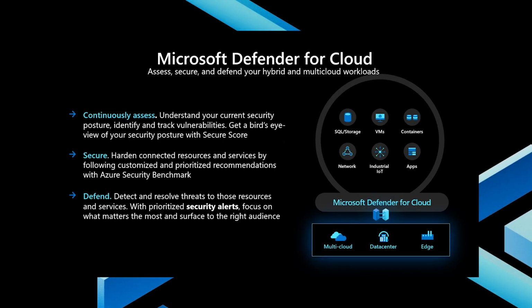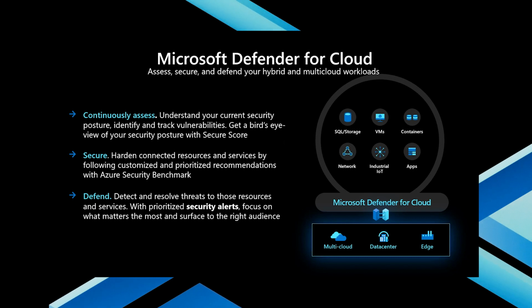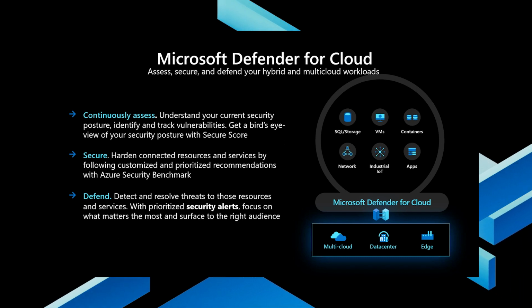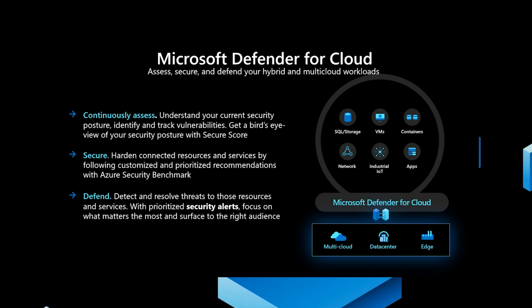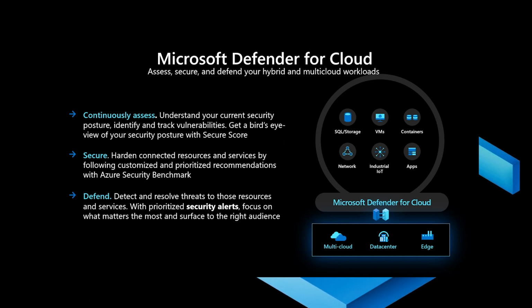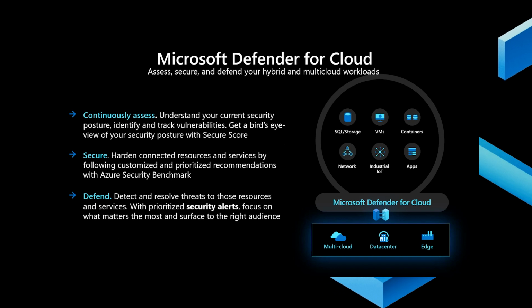Finally, there's the Defend value prop, with Defender for Cloud allowing you to detect and resolve threats to those resources and services with prioritized security alerts that focus on what matters and surfacing that to the right audience. Through Azure Arc, this extends to your non-Azure resources, where you get the same level of comprehensive alerting and point-and-click remediation built into Defender for Cloud to quickly respond to threats that have been surfaced.